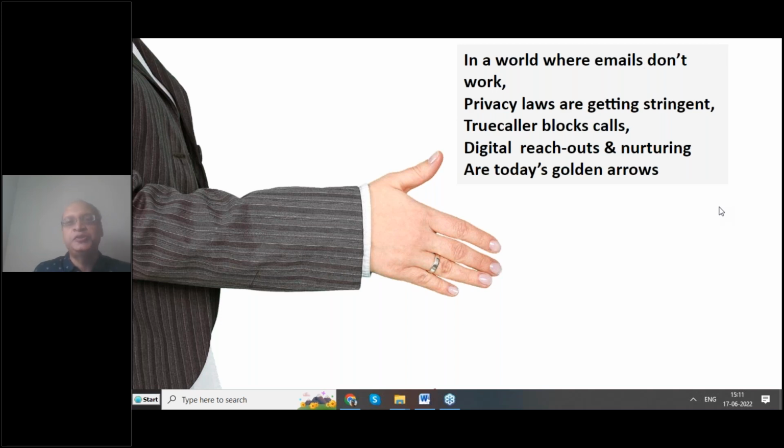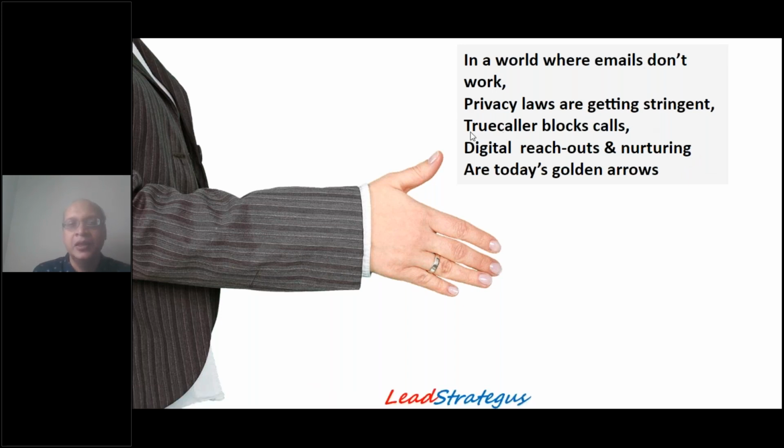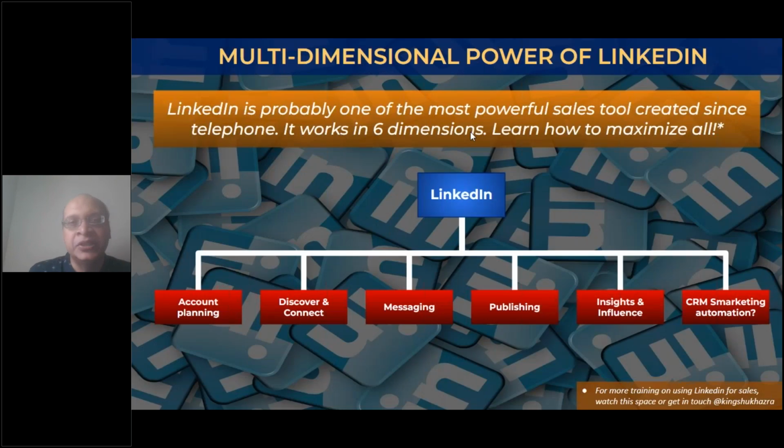So we all use Truecaller to block the people who are reaching out to us. So digital reach outs using LinkedIn, where you've got some kind of a semi-permission to reach out to them in a GDPR compliant way, is the way forward. And you need to make use of it before everyone starts using it and it doesn't become relevant anymore. So in this world, this is very important.